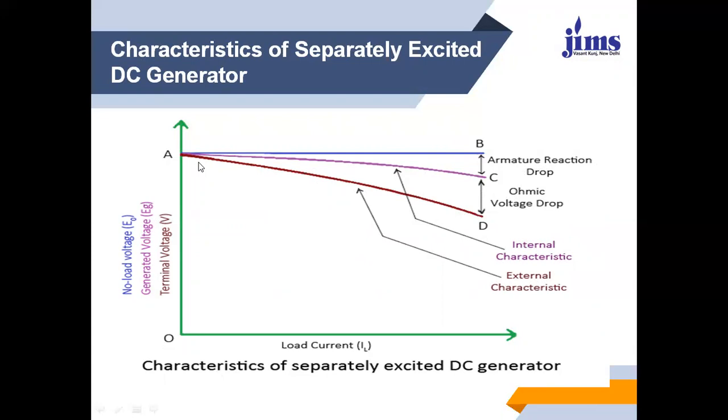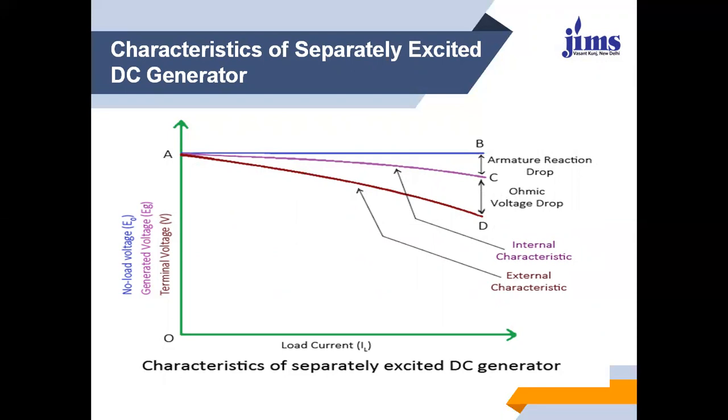Then if we further increase the load and look at the terminal voltage, which will be available at the terminals of the machine, we find that there is some ohmic drop. Ohmic drop indicates whatever resistance exists within the armature, and in different types of machines, the resistance offered by the field winding is also associated there.